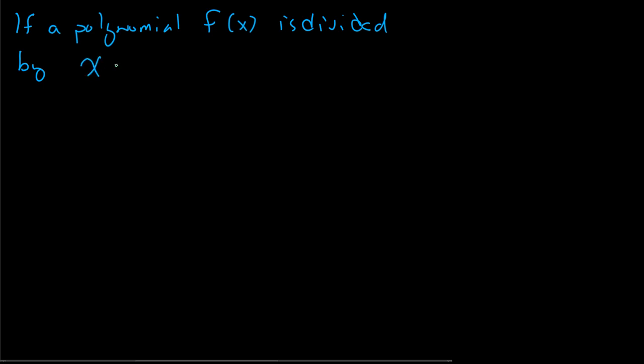All right, so what we're going to do is look at the remainder theorem. And the remainder theorem says if a polynomial f of x is divided by x minus k, the remainder is f of k.